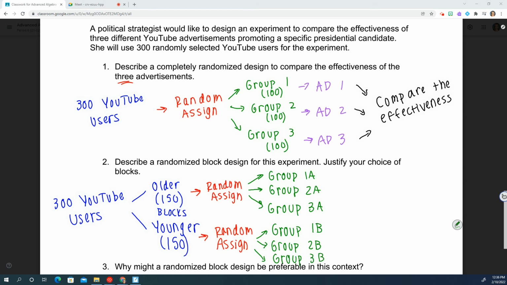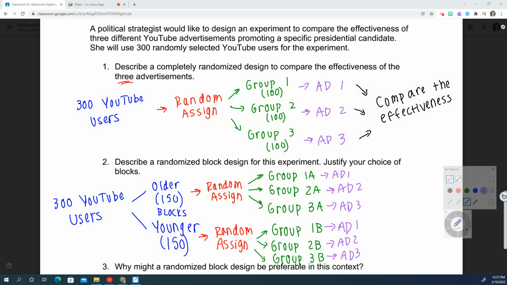Okay. 50 in each group, and then we'll assign the treatment, the ads, randomly to each group. Okay, and then we can compare results within each block and overall.